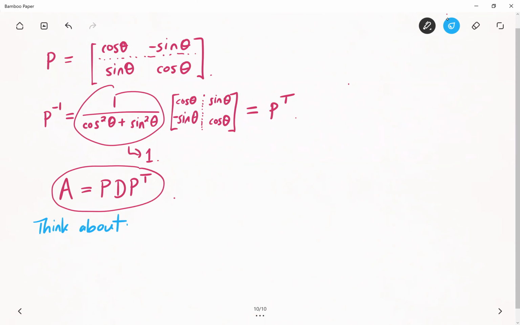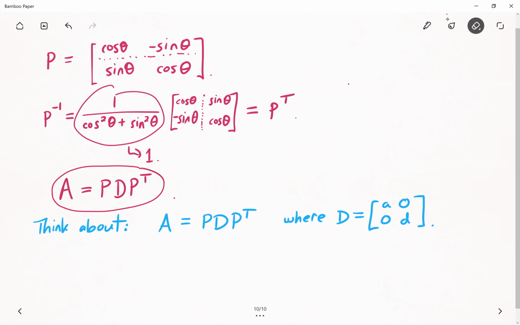What if you started off with just the knowledge that you could write A in the form P times D times P transpose, where D is a diagonal matrix? And so we don't necessarily pretend that we don't know that these have anything to do with eigenvectors or eigenvalues, but there's some matrix A that we can write where D has this form. Or maybe I should stay away from lowercase a and d. Maybe instead I'll just keep writing in this notation.